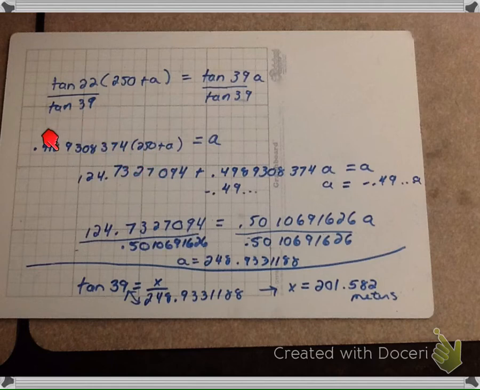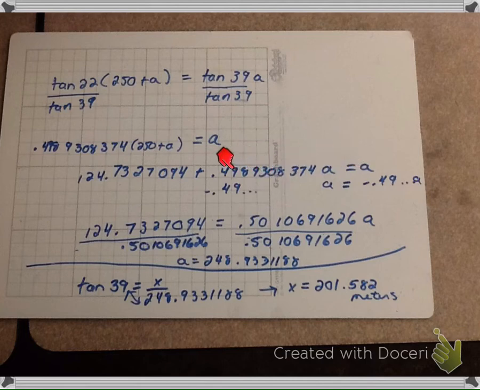So now when you multiply this times a, you just get 0.4989308374a. And then that is all now equal to a. So now I'm looking at this equation, and the first thing I'm going to have to do is to go ahead and get the a's on just one side, because I've got a's here and I've got an a here.